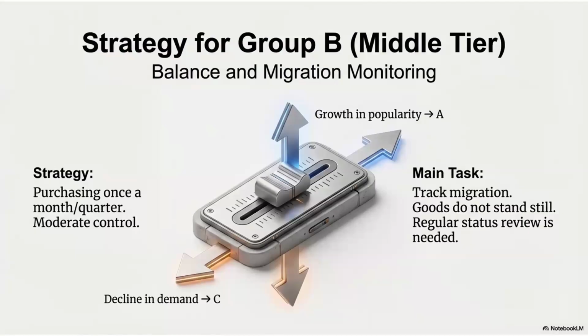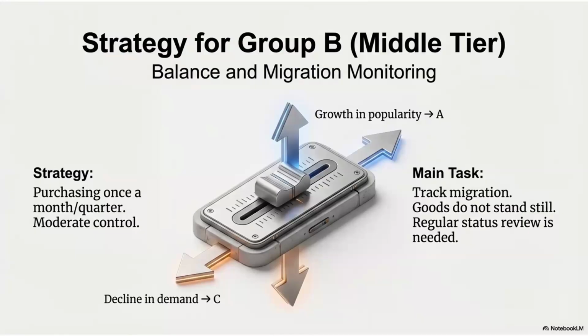These are items of medium significance, covering approximately 15 to 25% of our assortment and generating about 30% of the company's turnover. They require a balanced, compromise-based approach to management. The procurement policy for this category involves periodic control. Inventories are replenished mainly once a month or once a quarter.